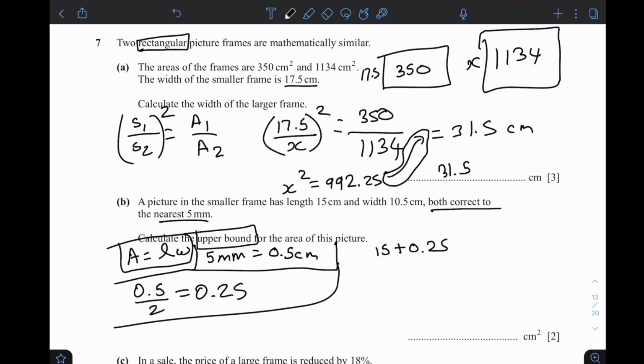So you do 15 plus 0.25 and 10.5 plus 0.25. If they said lower bound, then you subtract. But in this case, they only ask for upper bound. So you do 15.25 and 10.75.